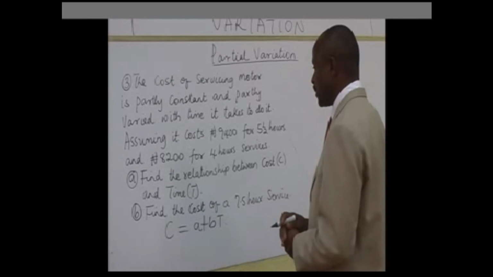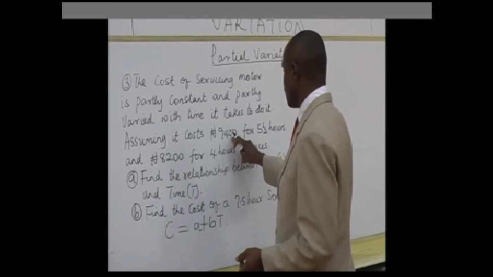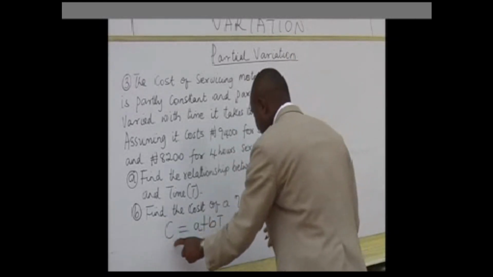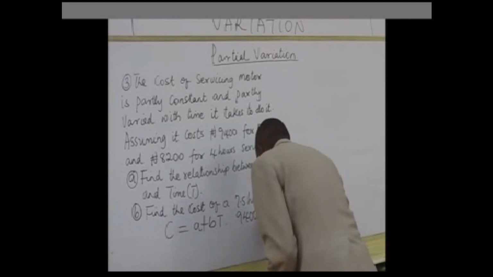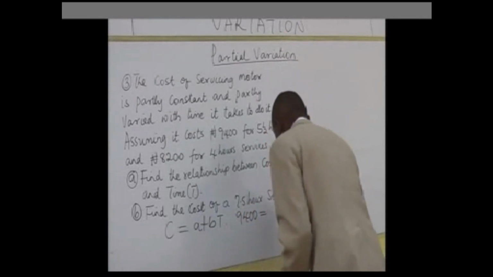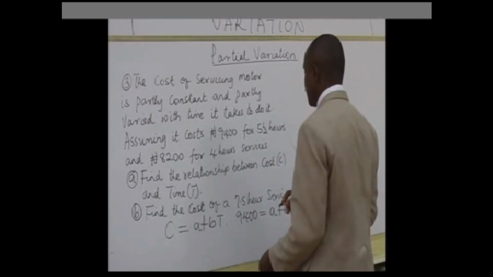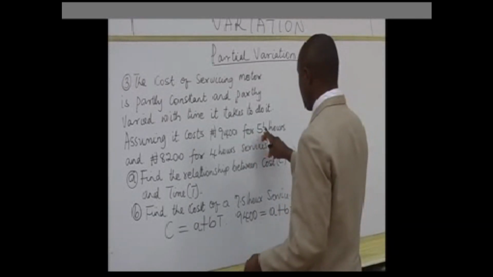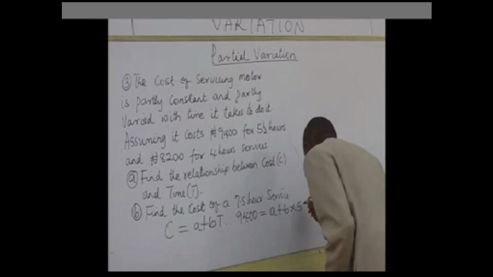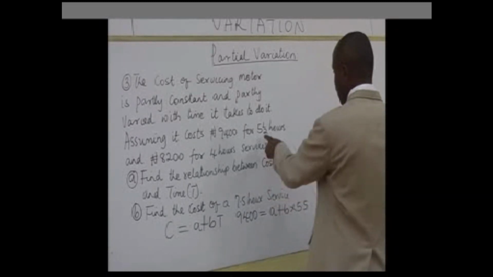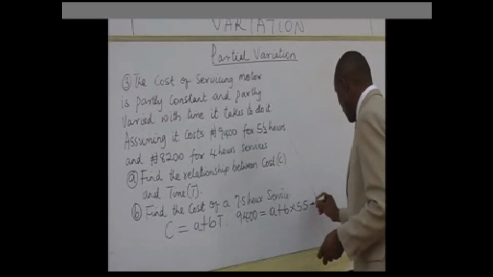From this now, assuming it costs 9,400, use 9,400 to replace C. 9,400 is equal to A plus B times 5.5. 5.5 means 5.5 hours. This is now our equation 1.